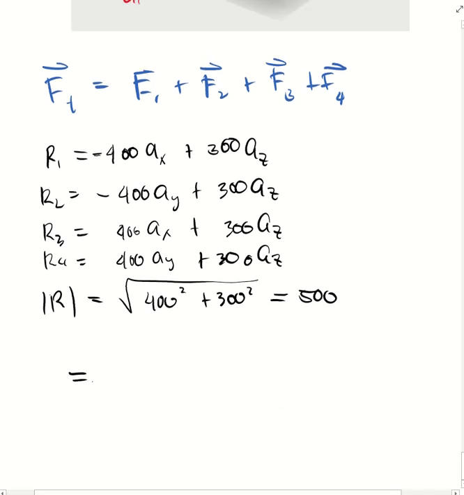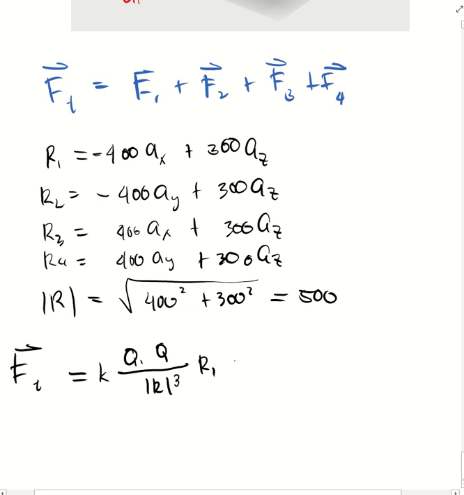So F total will be equal to F1 plus F2 plus F3. Now the charges are the same. They're all positive. So the Q1, Q2, Q3, and Q4 are all the same. So we can factor that out. I write the formula first. F1 is K Q1 times Q all over R cube times R1.